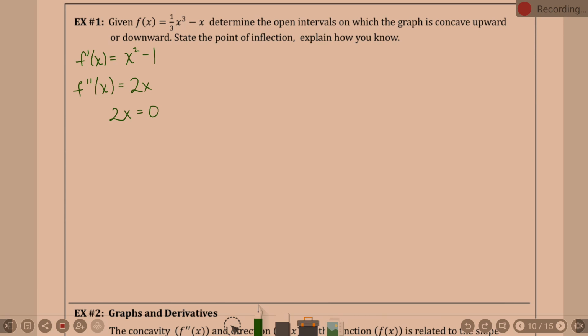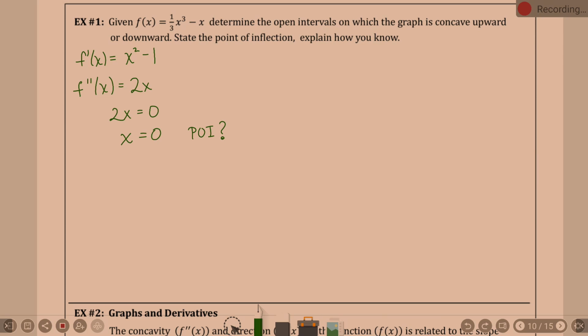If 2x equals 0, then x equals 0. If it's a first derivative equal to 0, you're probably talking about a min or a max, an extrema. Because this is a second derivative equal to 0, what I'm going to say is POI, question mark? Point of inflection, question mark. Now, if it was me, I would just say IP.